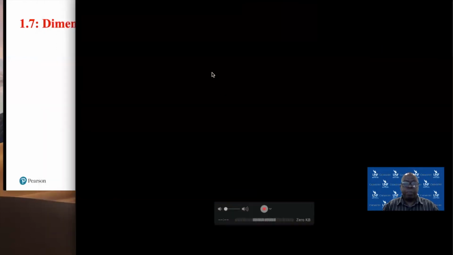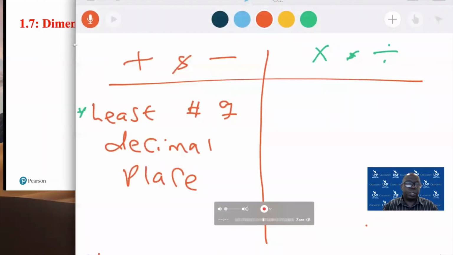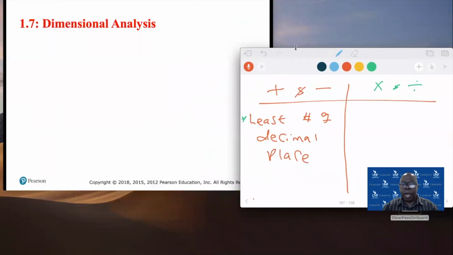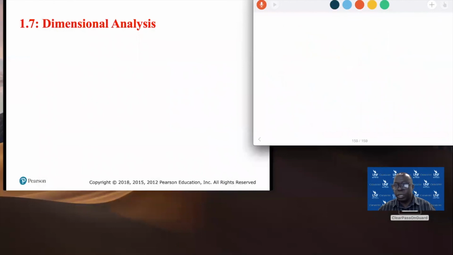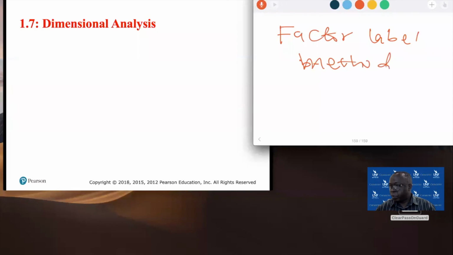So factor label method is the same as dimensional analysis. We call this factor label method, which is used in converting unit of measurement from one unit to another unit.